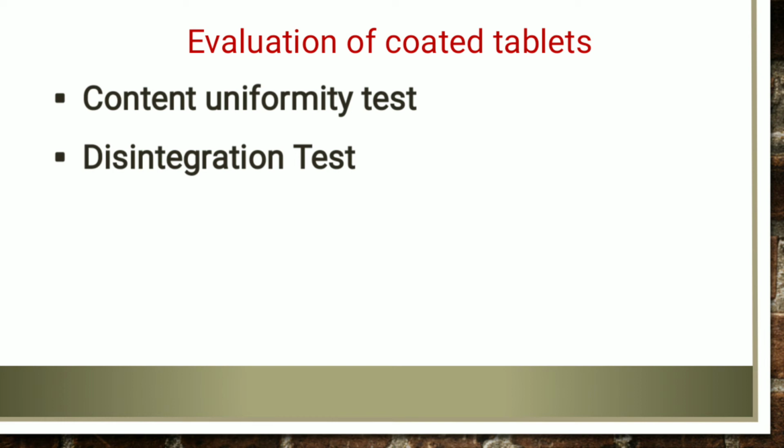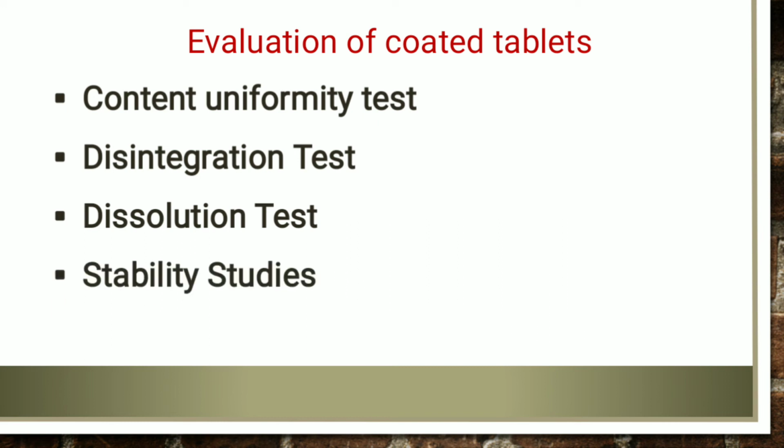Then the next test is dissolution test. Again, dissolution test is performed in the similar way as it is performed for tablets. Unless the coating is intended to control release, the coating should have minimal effect on tablet disintegration as well as dissolution. Then the next test is stability studies. These are conducted on coated tablets to determine if temperature and humidity change will cause film defects.